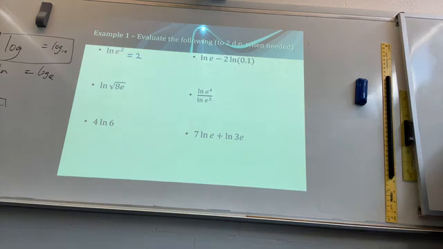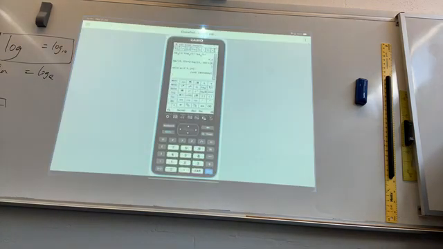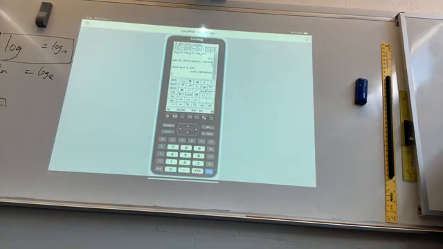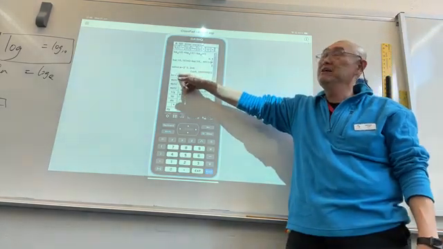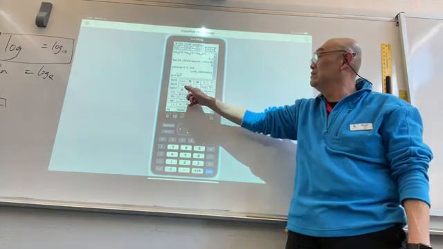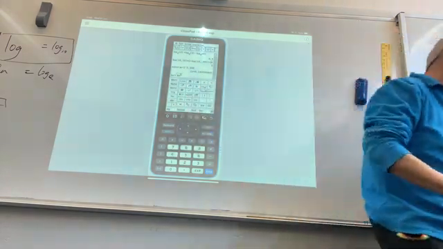Now one thing, when you input e, this is what I do. So if you want to do natural log of square root of 8e, if you type in e, it actually gives you a little space there, because it automatically goes to e to the power of something.